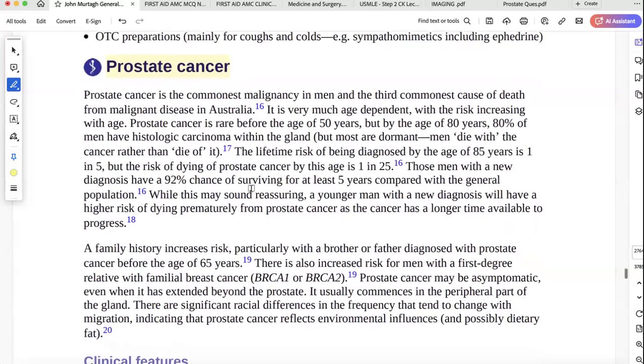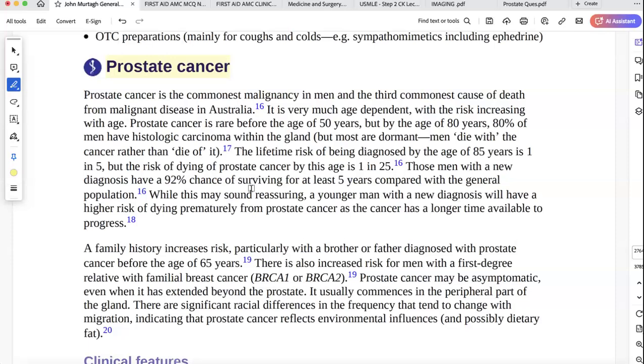Prostate cancer is one of the commonest malignancies in men, and it is one of the common causes of death in Australia. The prostate usually gets enlarged in elderly patients. It is rare that a patient below 50 will get prostate cancer. By the age of 80, 80% of patients will have a cancer. Okay, so it is that common.